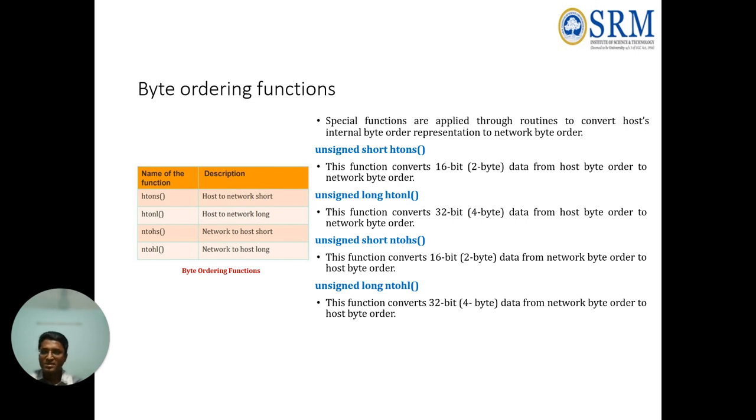So these are the differences. htons is host to network short. htonl is host to network long. ntohs is network to host short, and ntohl is network to host long.